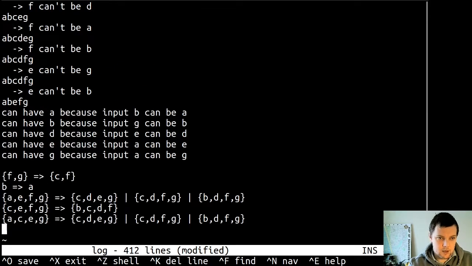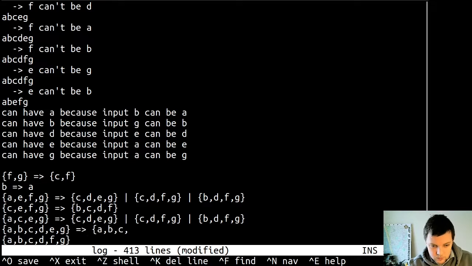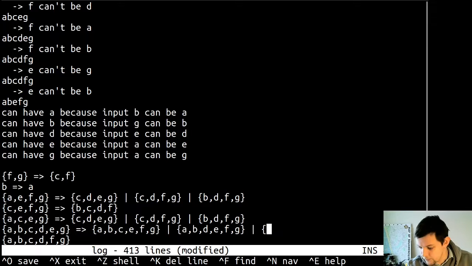ABCDEG and ABC and ABCDFG. ABCDFG also maps to the same things.